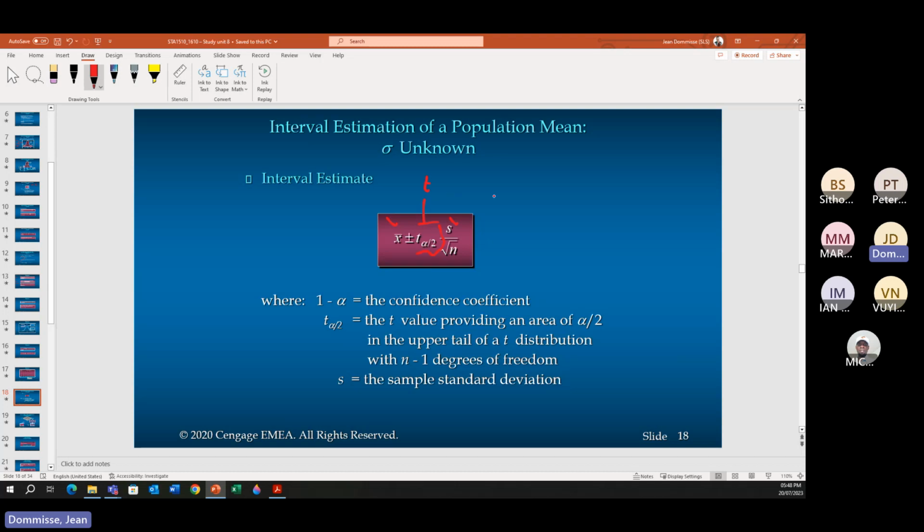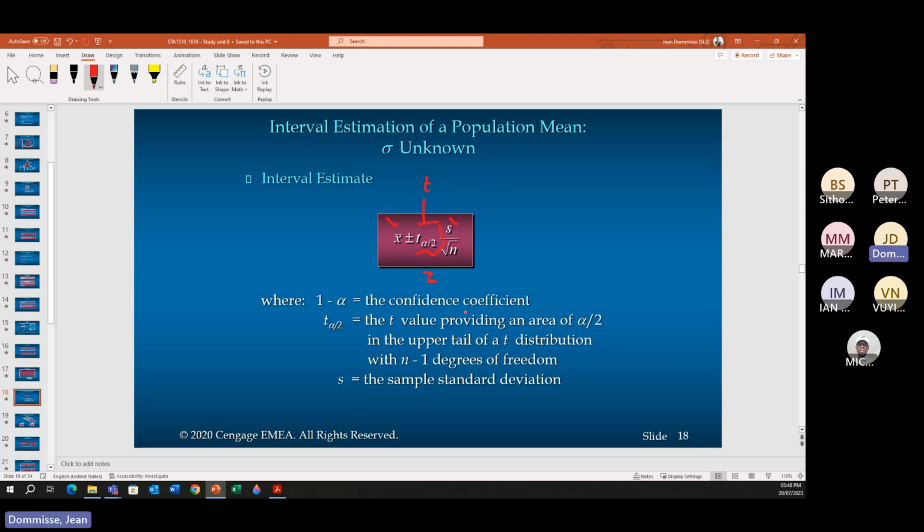What you will encounter in your assignments, tests and your exam at the end of the year is, unfortunately, that they would give you an answer such that if you worked with a Z, you will get one of the answers.